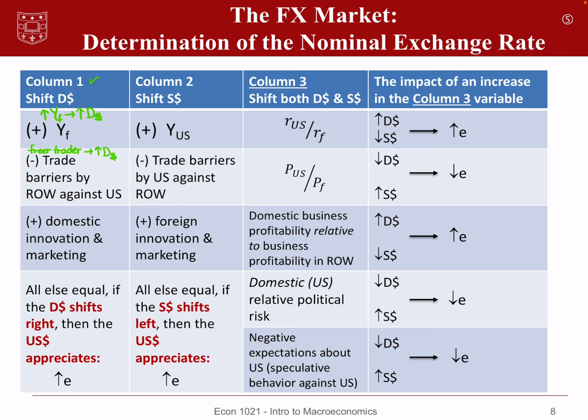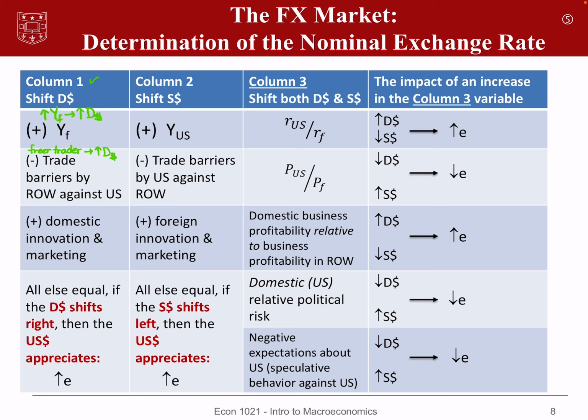If the trade barrier is removed by Japan, then US goods and services from the perspective of Japan are going to be cheaper. And we would predict that there would be, other things equal, a higher demand for US stuff by the citizens of Japan. And so, in order to buy the US stuff, they need to have more dollars. So, we would predict that this would lead to an increase in the demand for dollars.